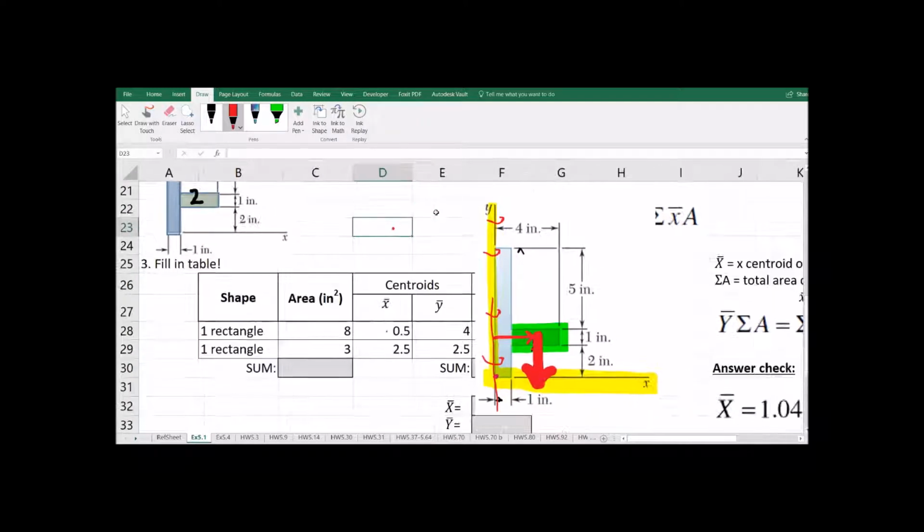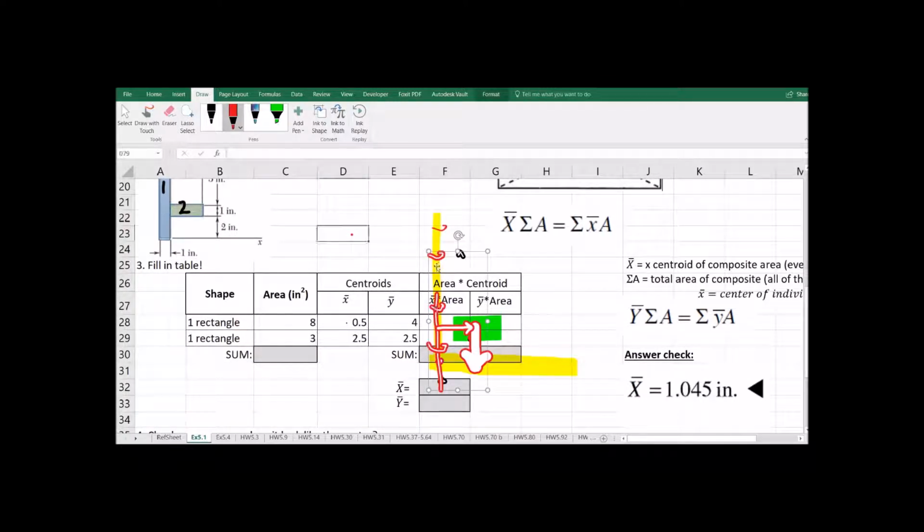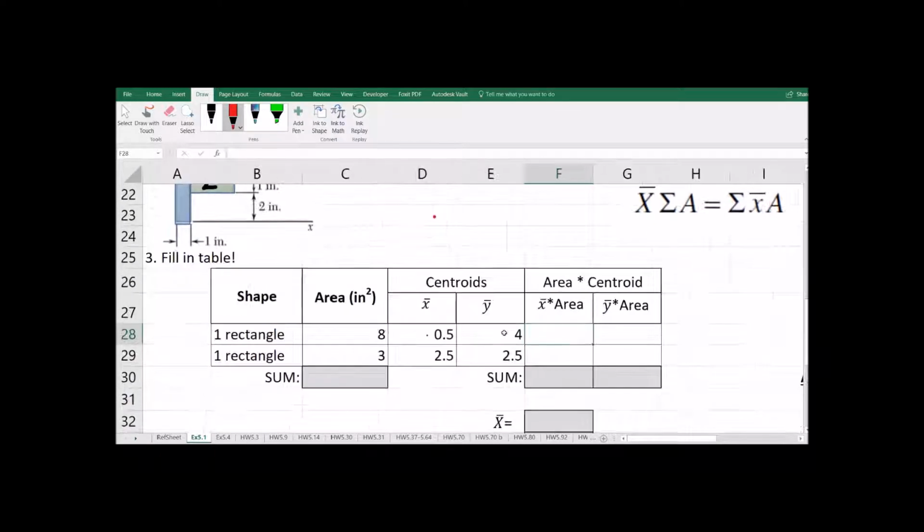Okay, so let me zoom out again, and I'll get rid of this then, and hopefully that's not too confusing over here. So this is a part of the table where we're calculating those moments. And remember, the area ratio is the same as the force ratio. So instead of R cross F, it's R cross A, but we're just going to say, take those distances and multiply it by the area.